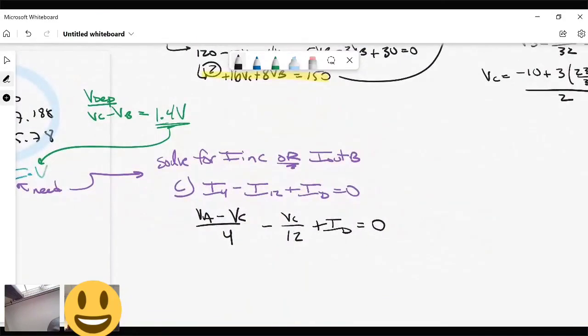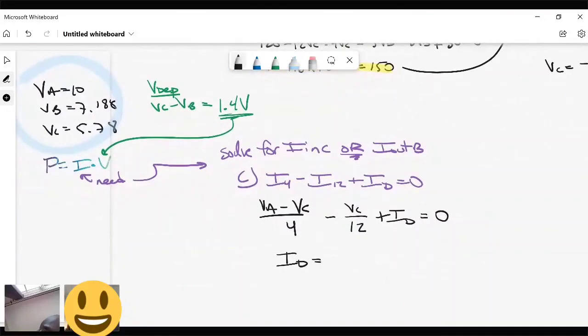So I'm going to get ID equals VC, which was 5.78 over 12. And then it's going to be plus VC, which is 5.78 over 4 minus VA, which is 10 over 4. So whatever number that is. So let's go with it.